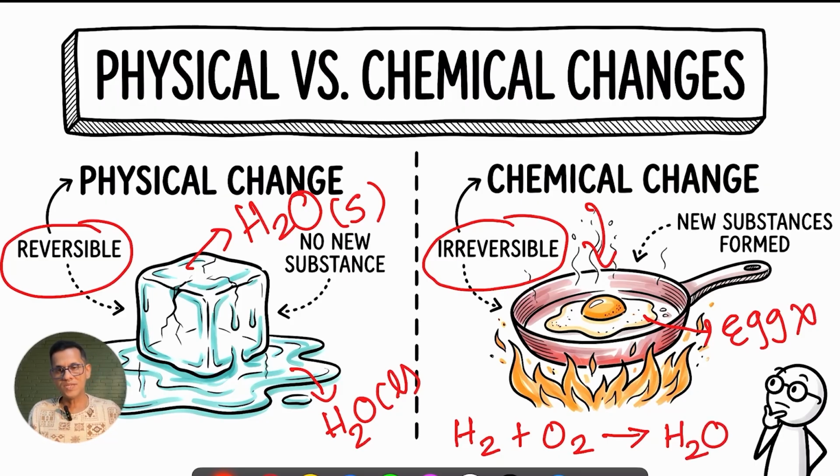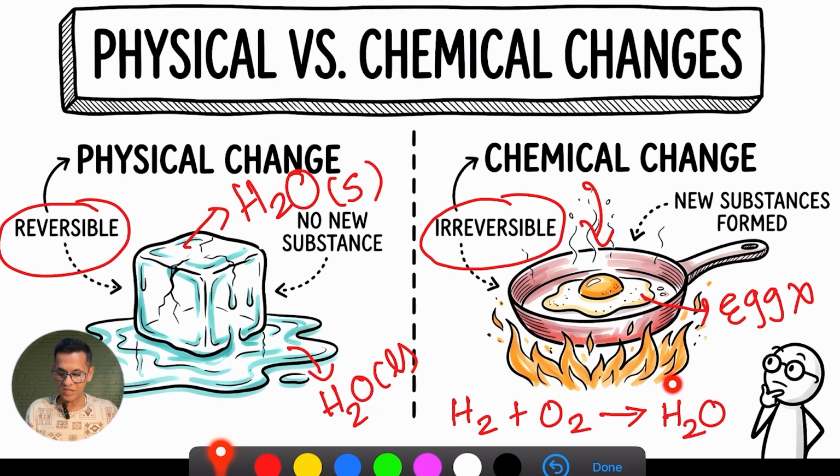We already know that hydrogen is a highly inflammable gas, and oxygen is required for combustion, or the burning process. Water has completely new properties. It is neither like hydrogen nor like oxygen. If you put water on fire, it extinguishes the fire. So this is a chemical change.